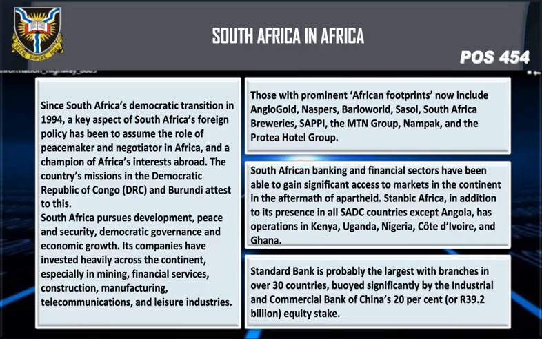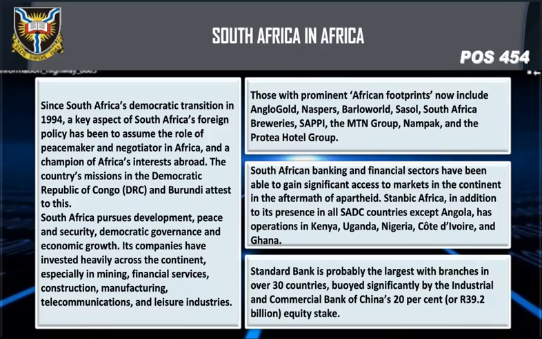South African banking and financial sectors have been able to gain significant access to markets in the continent in the aftermath of apartheid. Stanbic Africa, in addition to its presence in all SADC countries except Angola, has operations in Kenya, Uganda, Nigeria, Cote d'Ivoire, and Ghana.